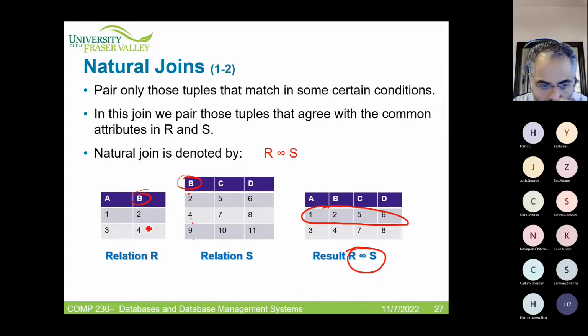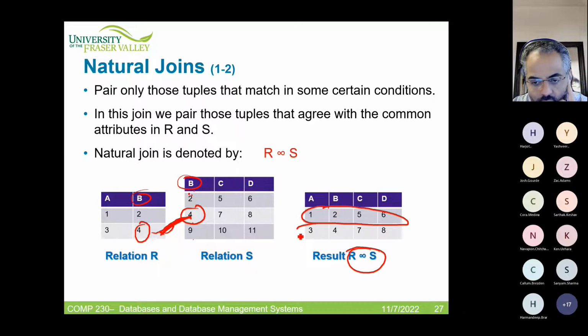We will go now to this, 4. We have 4 here and 2 here, so we are not going to take it. Then 4 and 4. So here we have a common value, in both cases we have 4.